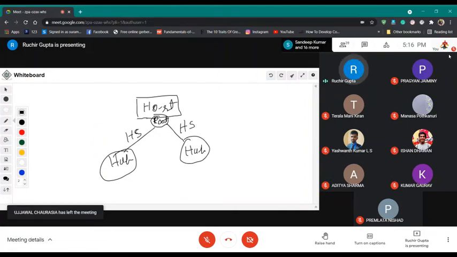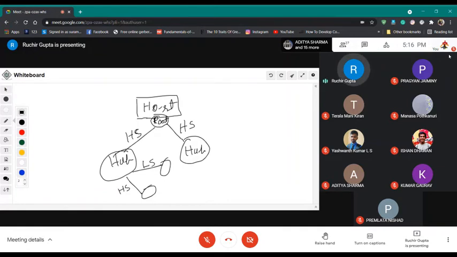And then there may be devices connected with it. One is at high speed and another is at low speed. In that case, let's say some devices are operating at low speed.